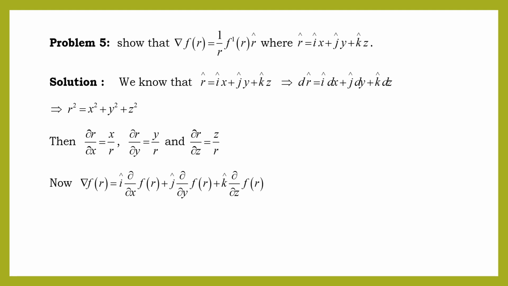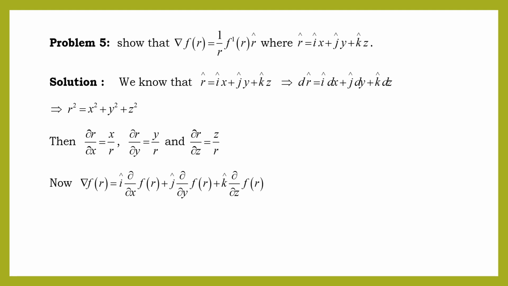We know that this is our position vector. If we want to find r squared, we need to find r dot r. So r squared becomes x squared plus y squared plus z squared. We have seen this in our previous problem.